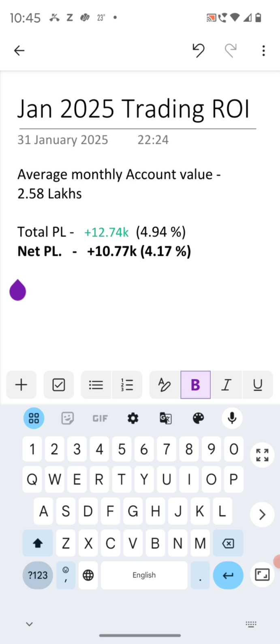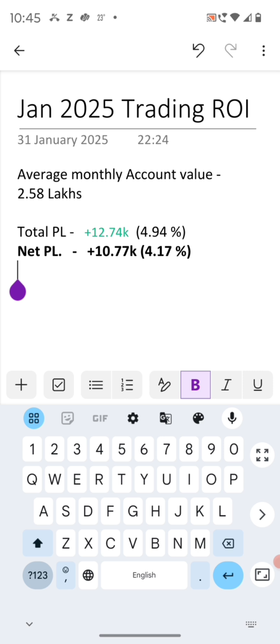Just to say, this 12,740 forms 4.94% of 2.58 lakhs that we had on average. So close to 5% is what the total profit we made, and 4.17% is the net profit after accounting for the charges and the taxes. It's about 4%. So not that bad. On a monthly basis, we made 5% on a total profit basis and 4% on a net profit basis.